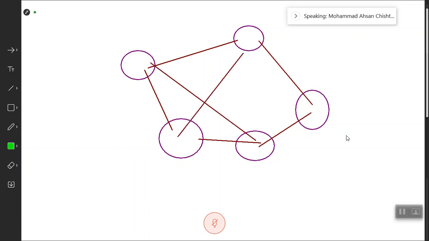So links between all the nodes have to be there, like this one. What I have drawn just now is known as a fully connected mesh, or a fully meshed network. And there are 5 nodes.